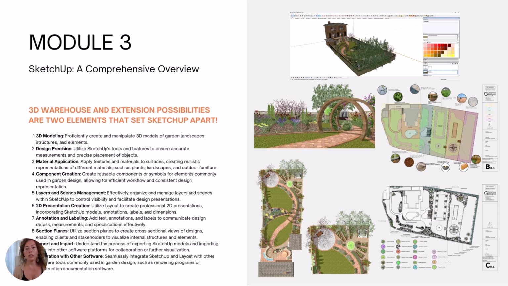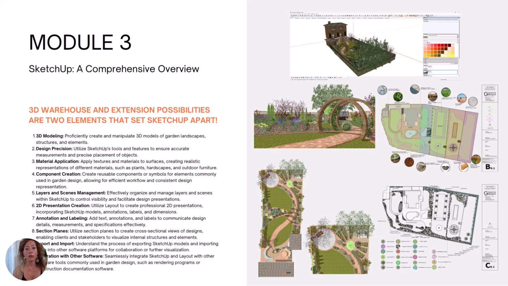And what makes this software so different is the 3D Warehouse and the extensions. One of the key elements that sets SketchUp apart from other software is the integration with the 3D Warehouse and the ability to install extensions.